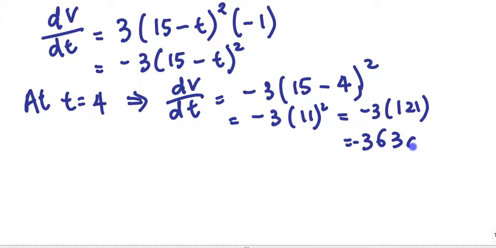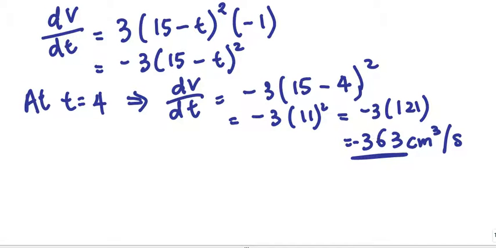And the units will be cm cubed per second. So this shows that the water is leaving the tank at the rate of negative 363 cm cubed per second.